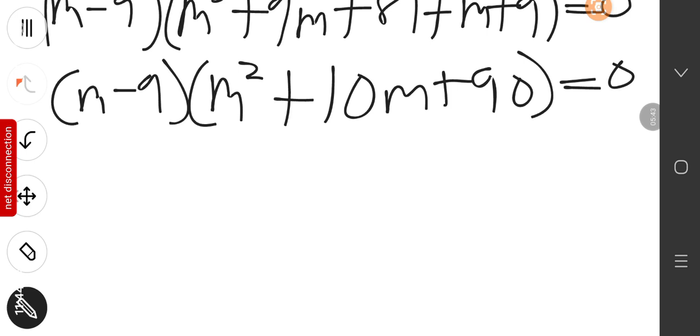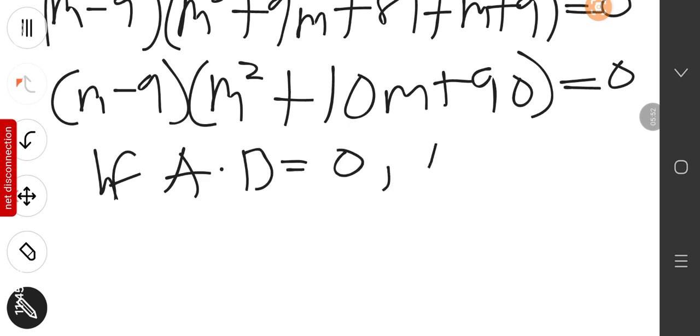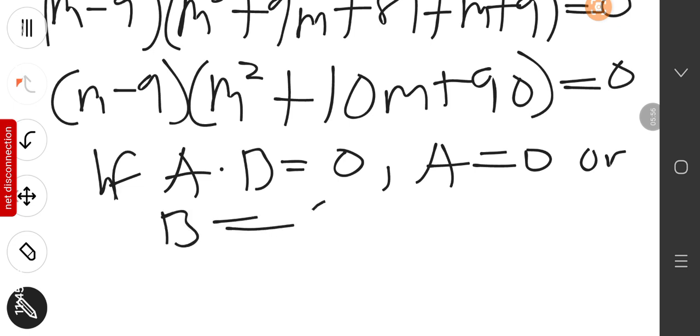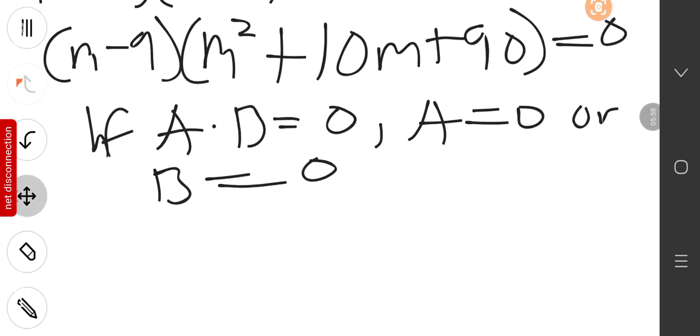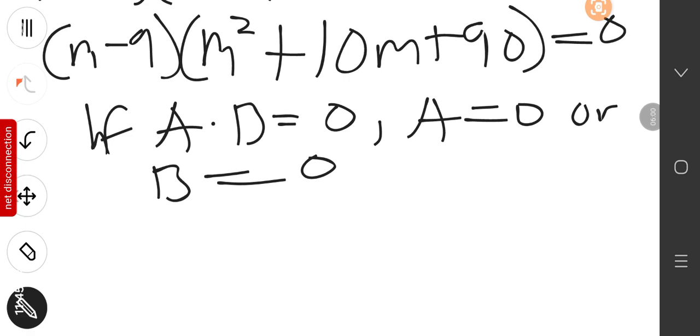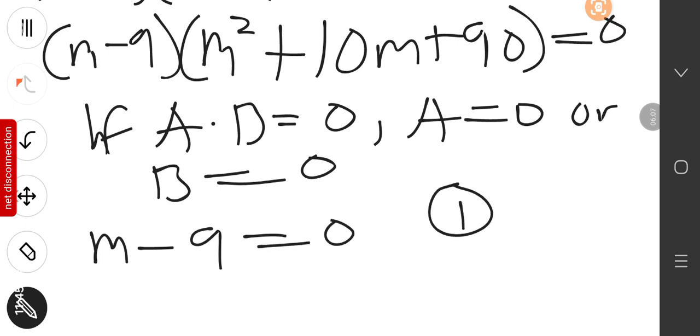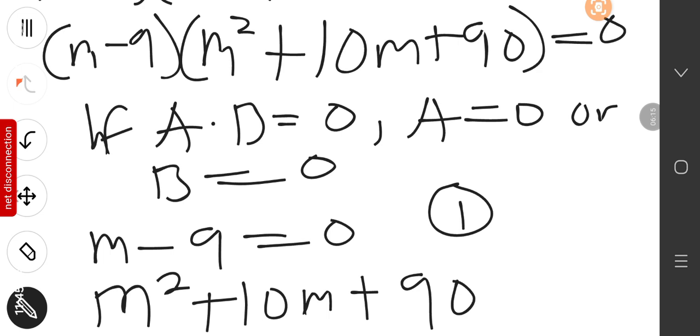Now here we can apply this concept. We can say if A times B is 0, then A is either 0 or B is 0. Therefore, we can say m minus 9 equals 0. Let's call this equation 1. And then we can say m squared plus 10m plus 90 equals 0.